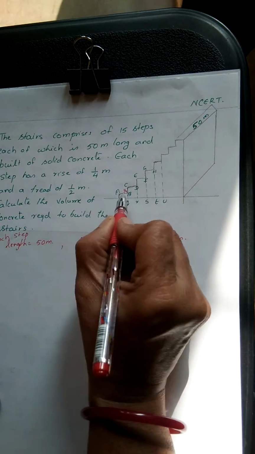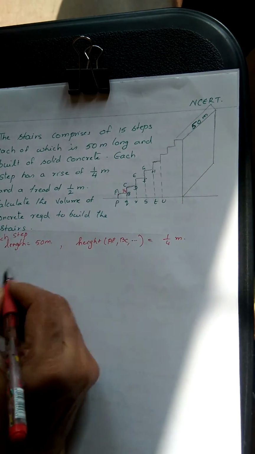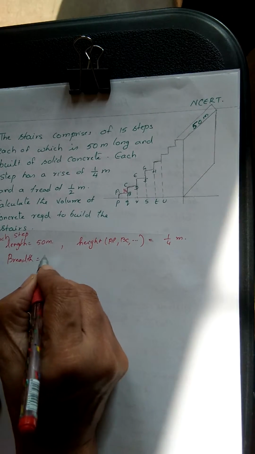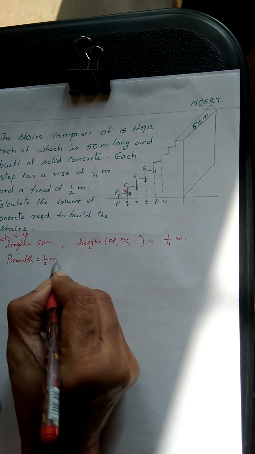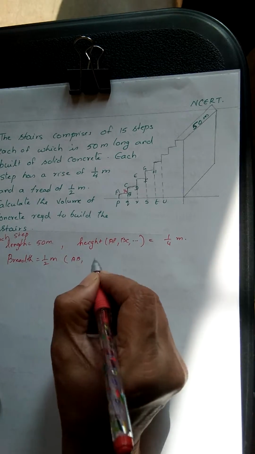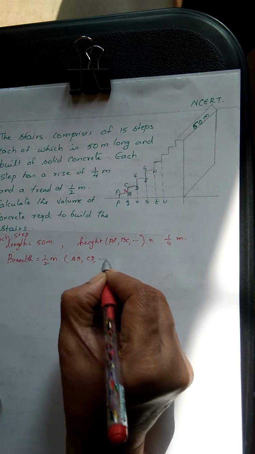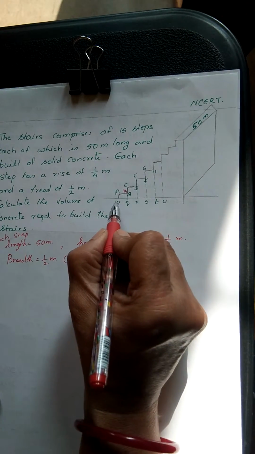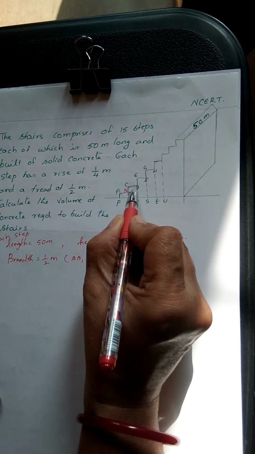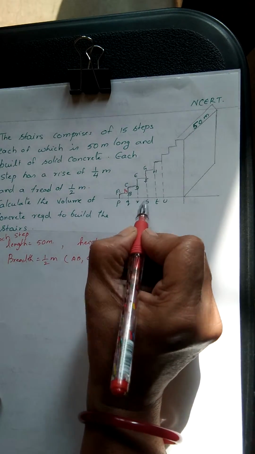And the breadth, the tread, means the breadth. Breadth of the step is equal to half meter. That is, breadth means AB, CD, etc. Now we have to consider each step as a cuboid, and find the volume of each cuboid.